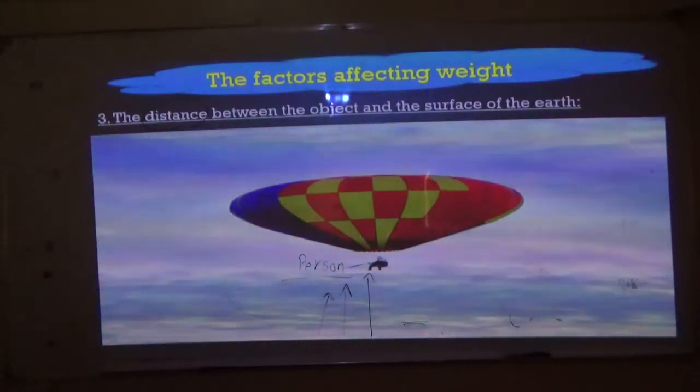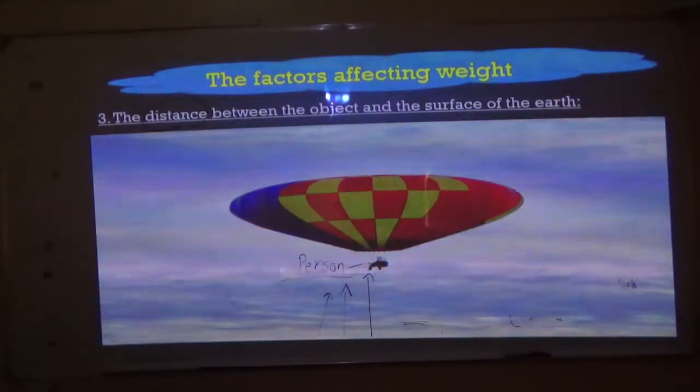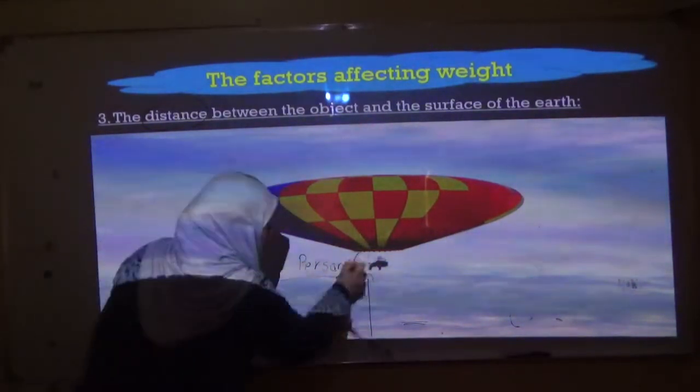As he moves up, the distance between his body and the surface of the Earth will increase, and he will be less attracted. The ability of the Earth to attract his body will decrease, because by increasing the distance between the object and the surface of the Earth, the gravitational force will decrease and the weight of this person will decrease.